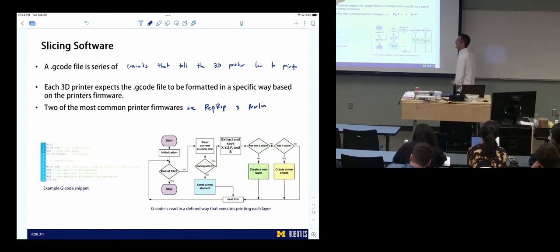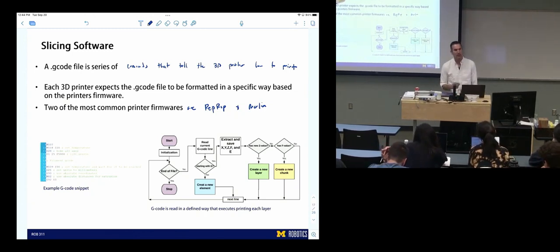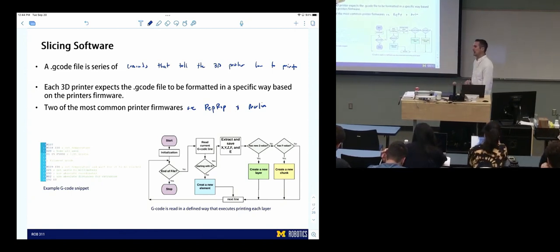These are the different firmwares that exist on different printers, and the slicing software exports the G-code in a way that whatever printer you're using would understand it. You select when you slice it what type of firmware it's using.